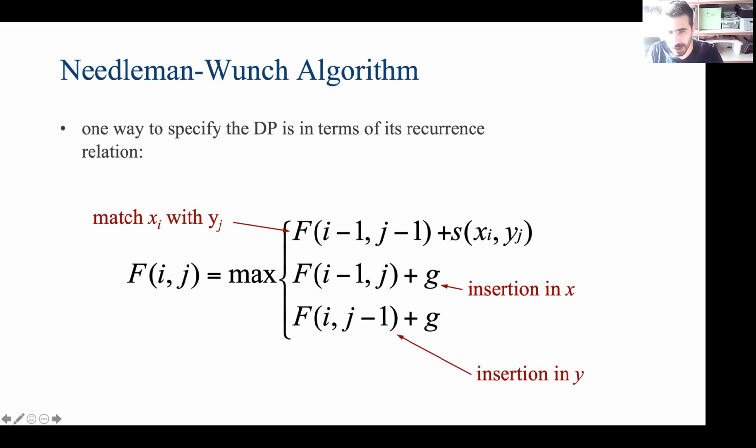After you have all the scores, you get the maximum of them, and F(i, j) is going to be the maximum of these three values. And this is one way to specify dynamic programming.